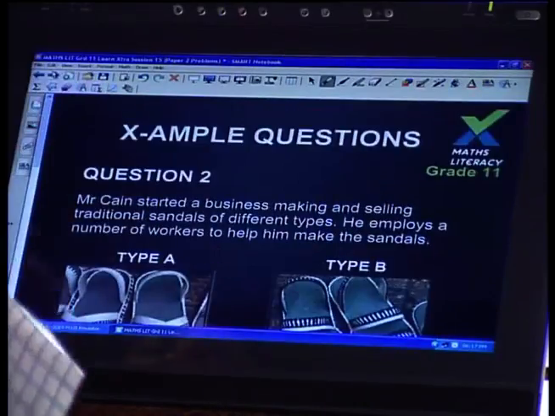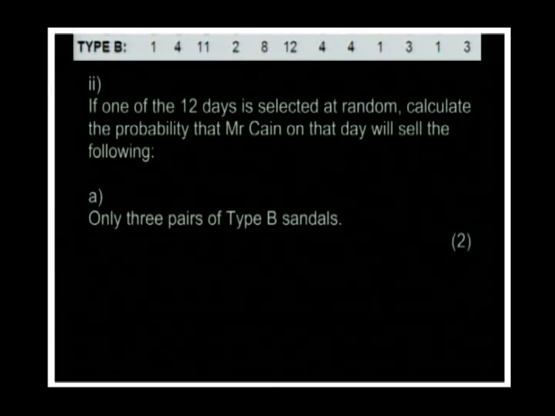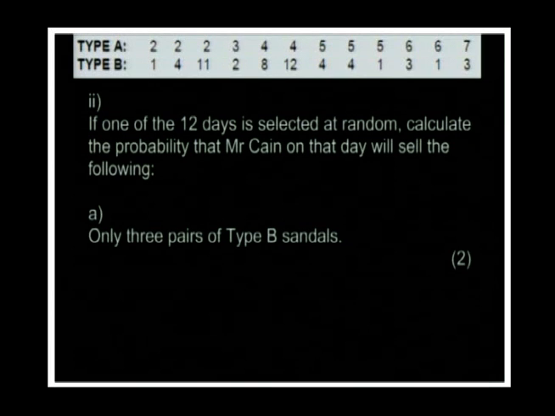Okay, let's move on. Now, our next question. If one of the 12 days is selected at random, calculate the probability that Mr. Kane on that day will sell the following. What's the possibility that he will sell only 3 pairs of type B sandals?